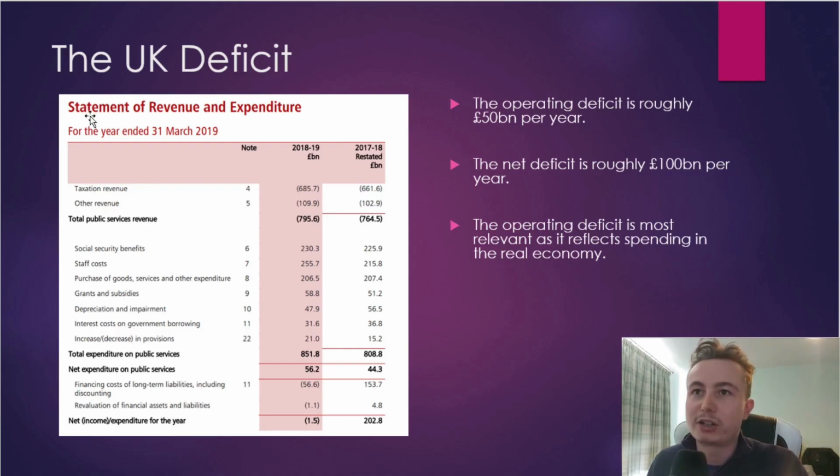So this little extract says this is the statement of revenue and expenditure for the year ended 31st of March. The fiscal year in the UK is always the 1st of April until the 31st of March, or the 6th of April to the 5th of April, depending on how you want to look at it. In substance, it's the year ended 31st of March.